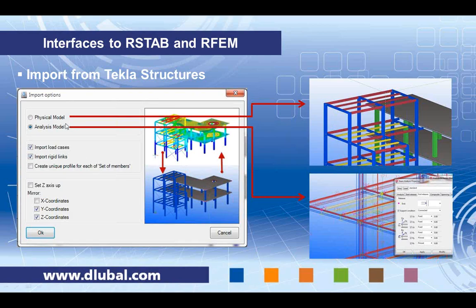In normal cases we will retrieve this analytical model from Tekla Structures, and if it's set up correctly, we do not have to do a lot of work inside our software. We can basically get the ready model for analysis directly from Tekla Structures.